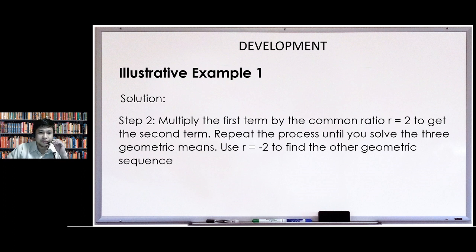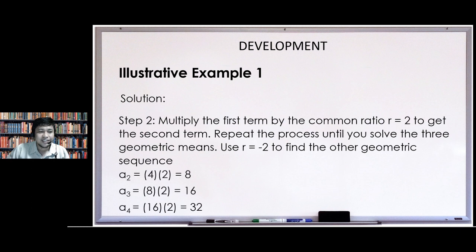The same process applies for the common ratio negative 2. We multiply the first term by negative 2, then multiply again by negative 2, then for the last time multiply again by negative 2.